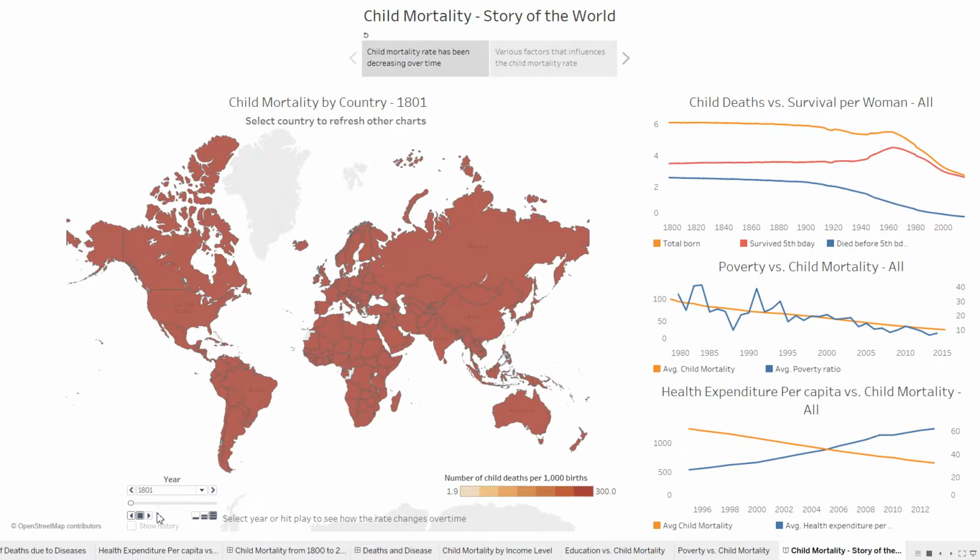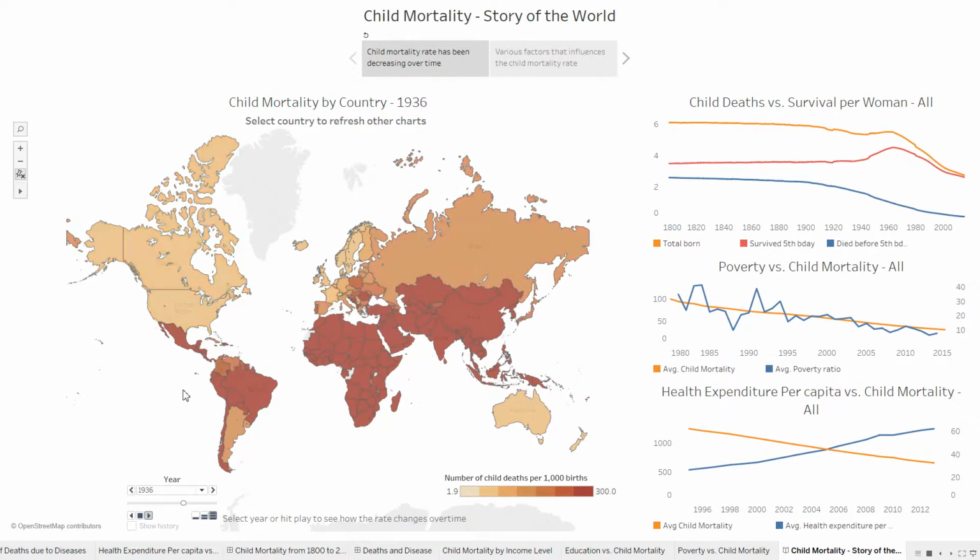First of all, I would like you to visualize how the child mortality changed from 1800 till 2015. I'll quickly show you the demo. As you can see, Sweden has started reducing the child mortality rate, followed by other countries.